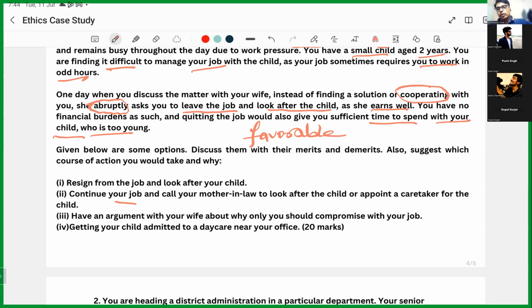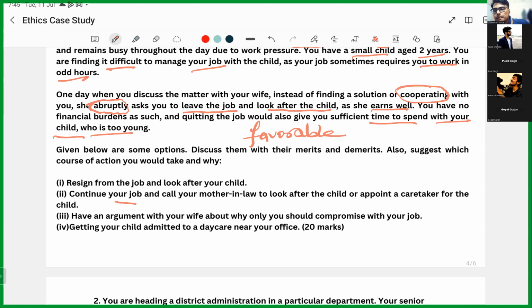Then coming to the merit side, it's a daycare. Institutional support is there. Bringing again social learning, Goleman again. Okay, child peer learning. Institution is there, certainly safety is there.